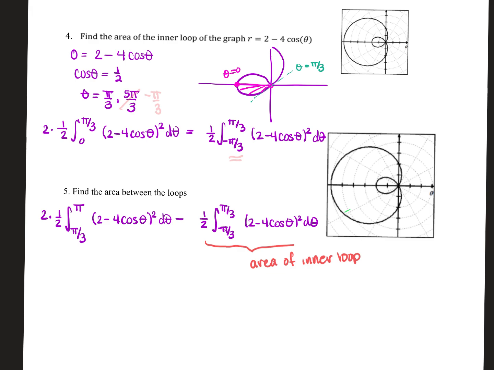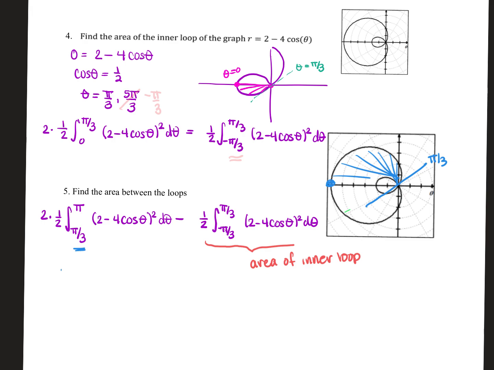So we know right here is pi over 3. That's when we're leaving that inner loop. And I'm going to keep following that all the way until pi. That'll give me the outside, including the inner loop, because it maps over that inner loop, and then we're going to subtract the inner loop.